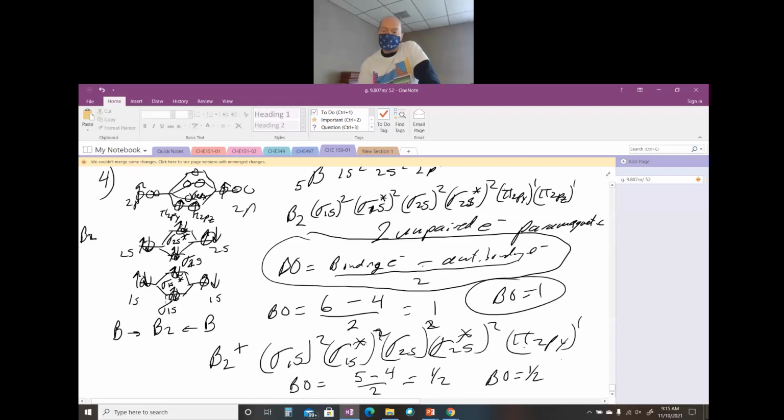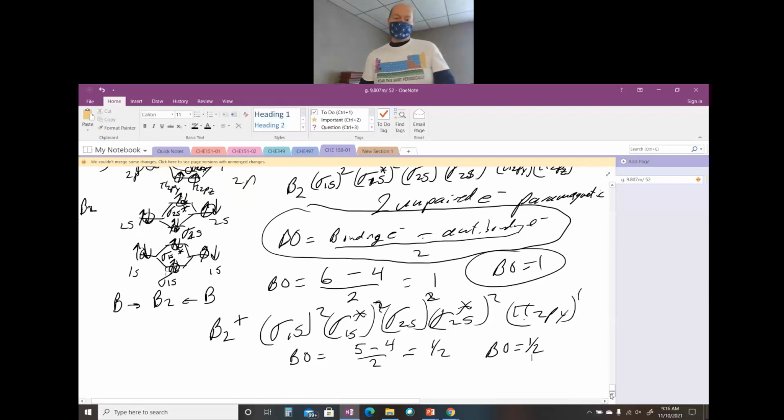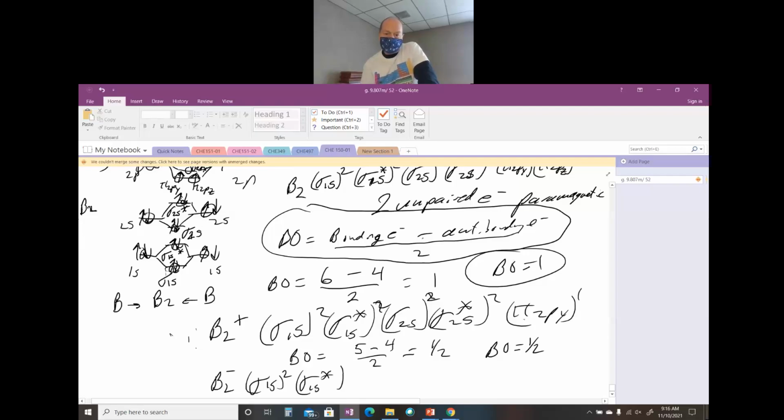So the bond order of B2 plus is 1/2. Then the next question is B2 minus. Minus means I had to add an electron. And so now I have sigma 1s2, and I have a sigma star 1s2.